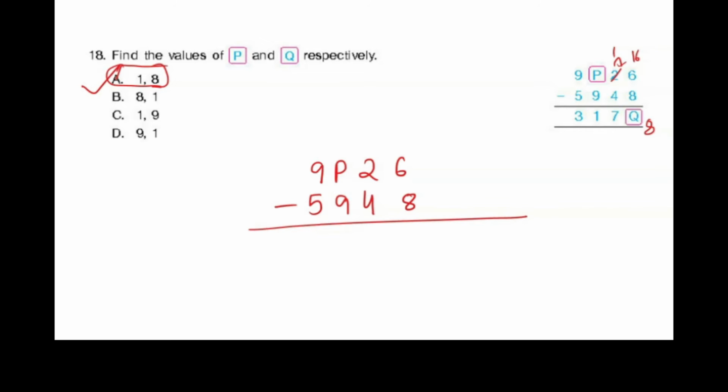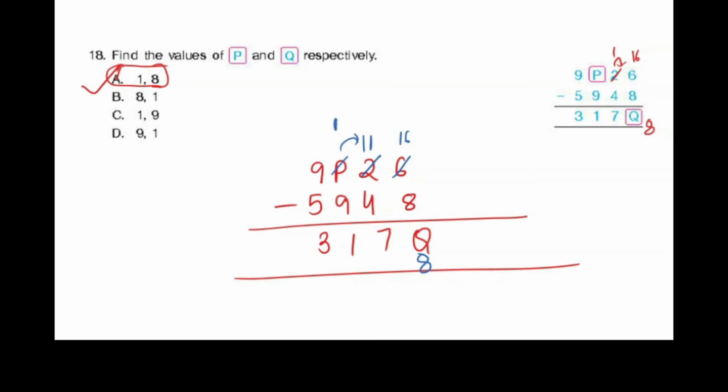9, P, 2, 6 minus 5, 9, 4, 8. After subtracting, we have Q here, then 7, then 1, then 3. Okay, let's start. So it will be 16, it will become 1. 16 minus 8 is 8. So the value of Q will be 8 here. It's 1. So we will be taking carry. It will be 11. 11 minus 4 is 7 here. After subtracting, it's not P but P minus 1.